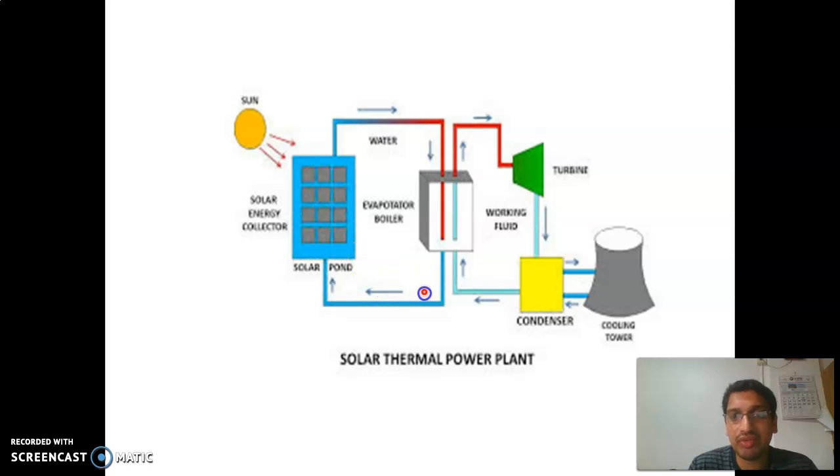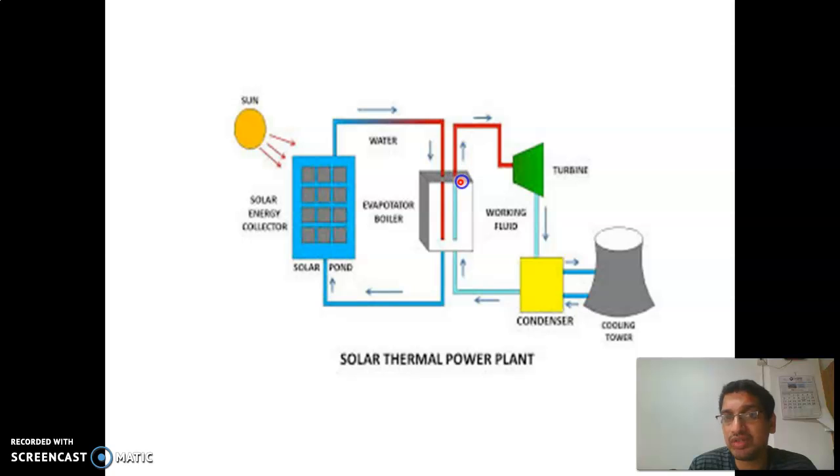Water acts as the working fluid, and this working fluid is supplied to the plate collector or solar collector, and the sun rays are allowed to pass through this collector so that the working fluid, or water, boils and becomes hot water and is supplied to the boiler, and in this boiler the heat energy is generated and steam is produced.